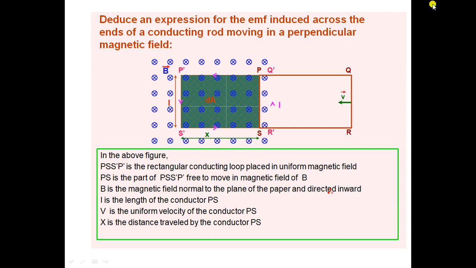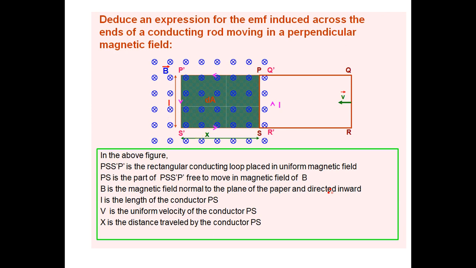Suppose PS is one part of this rectangle and it is freely moving with a velocity v in this direction, the inward direction.